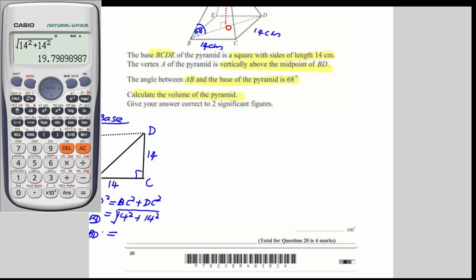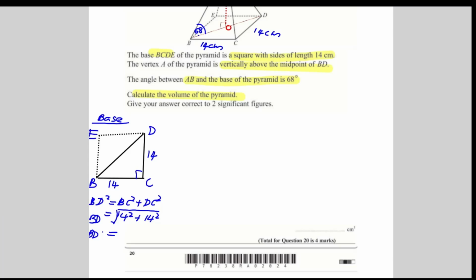It is 19.798. Now we need to get the midpoint, which is BO. So let's get BO.